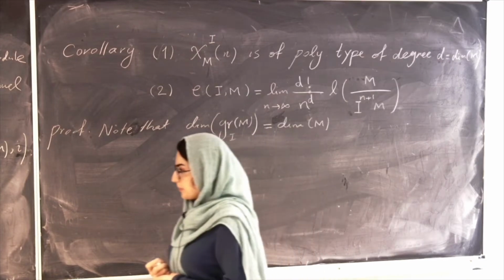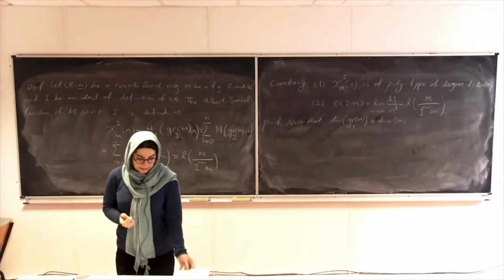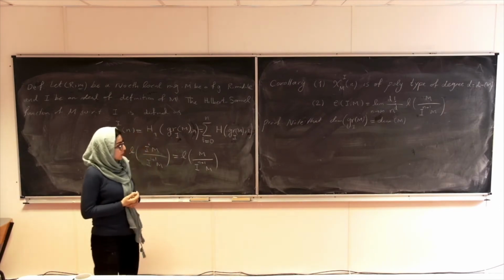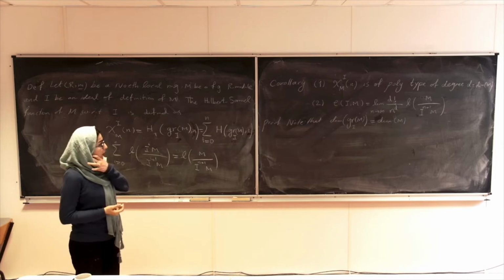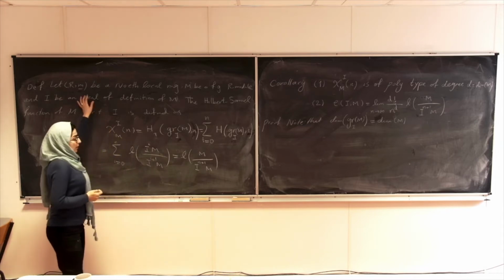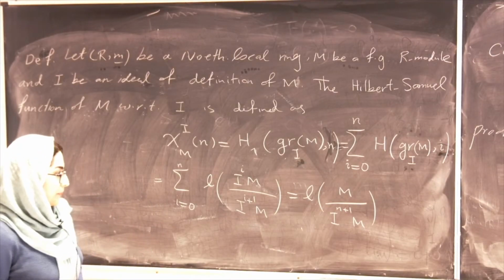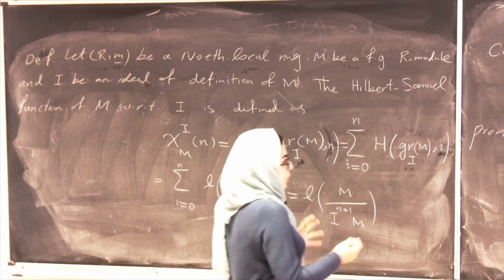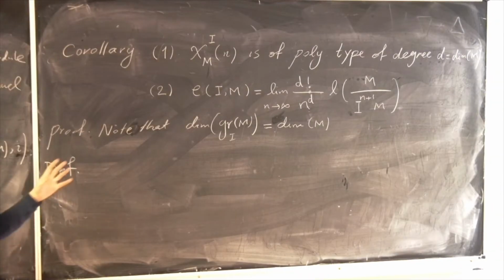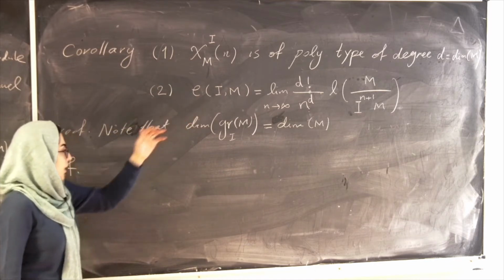So what we want to do now is to extend this concept of multiplicity of a module with respect to an ideal, not just for local rings, but for any positively graded K-algebra. So we just define this multiplicity in the same way that we have here.